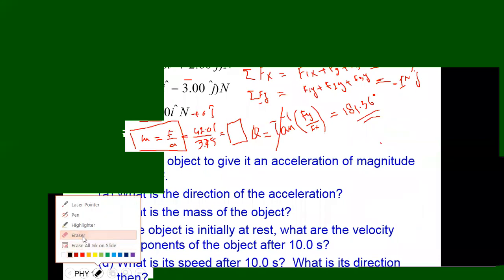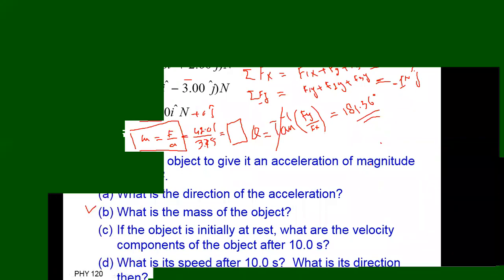Velocity components. First of all, how to find the final velocity? With the help of the formula Vf is equal to Vi plus At, we can find the final velocity. We are given that the object is initially at rest, so Vi is 0, acceleration is given, and time is 10 seconds.